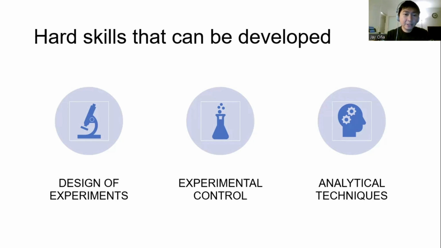So I have written here three hard skills that we can develop. One is the design of experiments, experimental control, and analytical techniques. So analytical techniques will come in handy when we are doing experimental design.